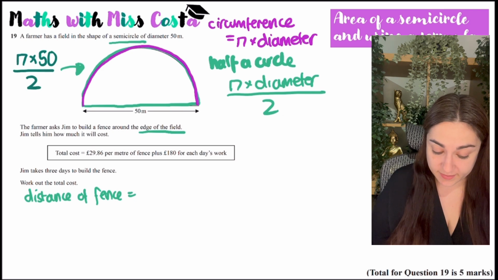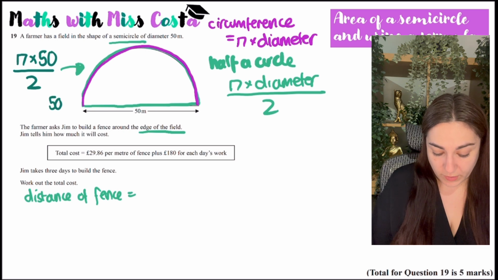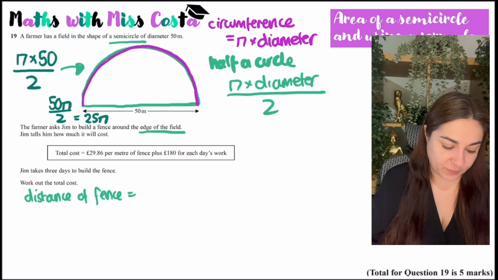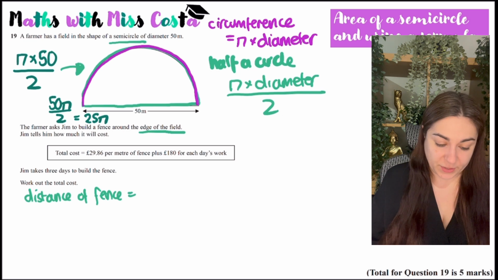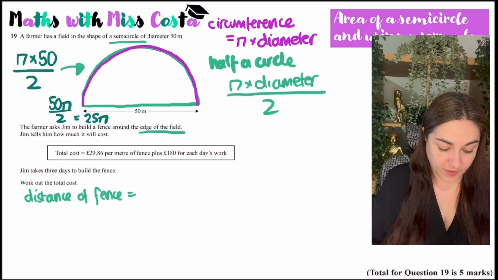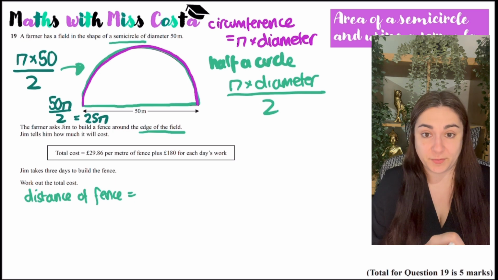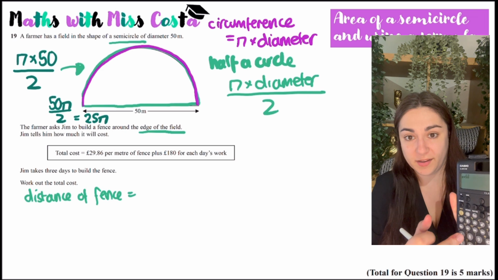So I can type this into my calculator, or you might be familiar with pi already and know that 50 pi divided by 2 is going to give you 25 pi. But either way, let's type it into our calculator because we need to figure out what 25 pi is. So you can type just pi times 50. You have to press the shift button and then you find where pi is on your calculator.